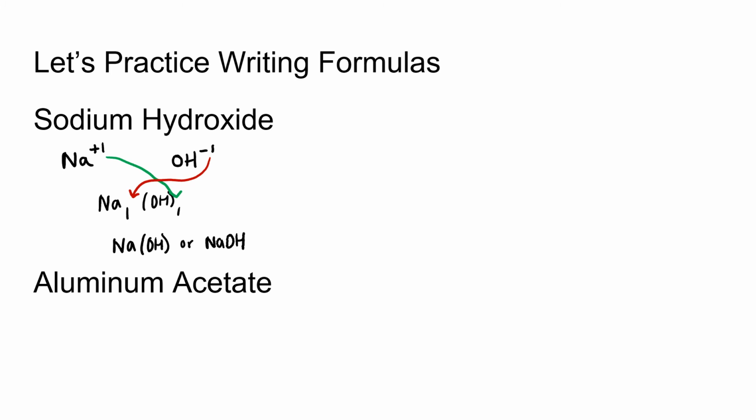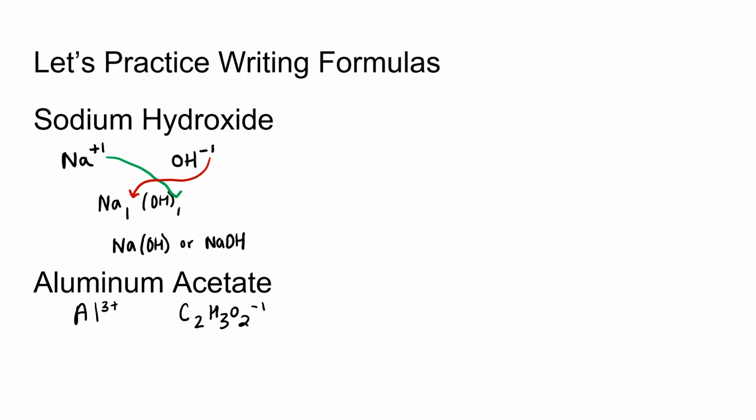So aluminum acetate. When we look on the periodic table, we see that the symbol for aluminum is Al, and that aluminum has a charge of 3+. When we look at our list of polyatomic ions, we see the formula for acetate is C2H3O2 -1.